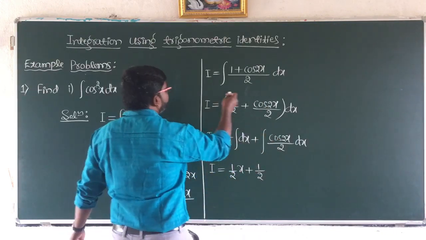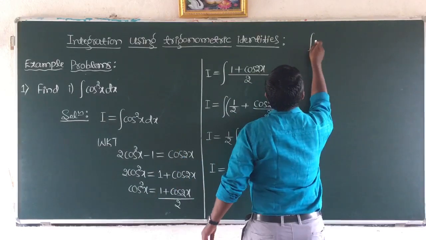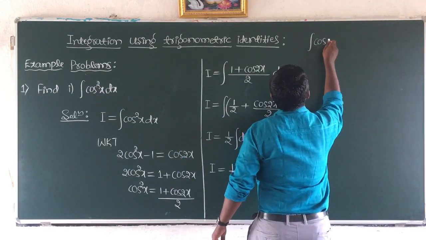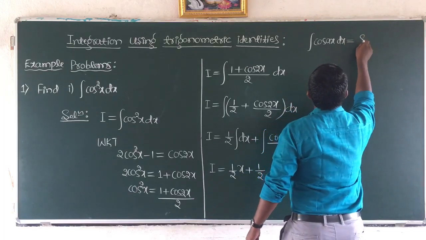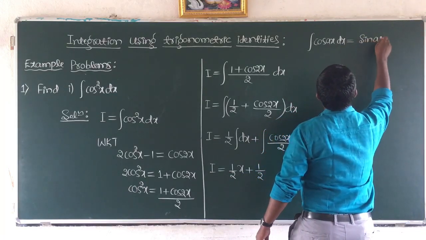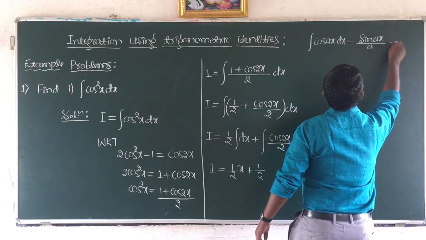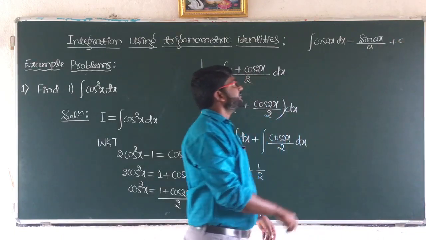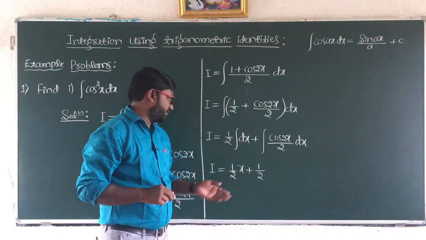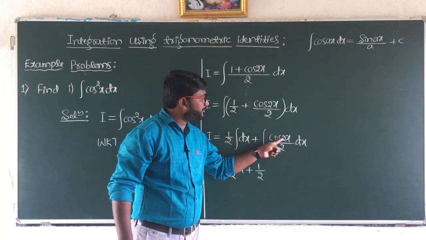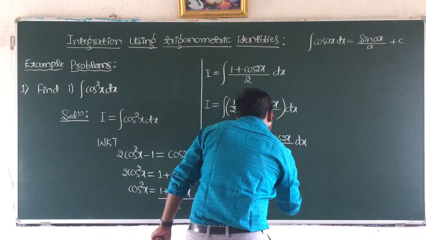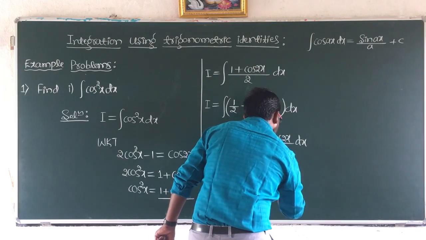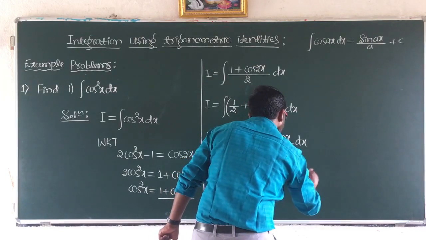Integral of cos ax dx is equal to sin ax divided by a plus c. This is the standard formula that we have to make use of now. Here a is going to be 2. So we get sin 2x divided by 2 plus c.